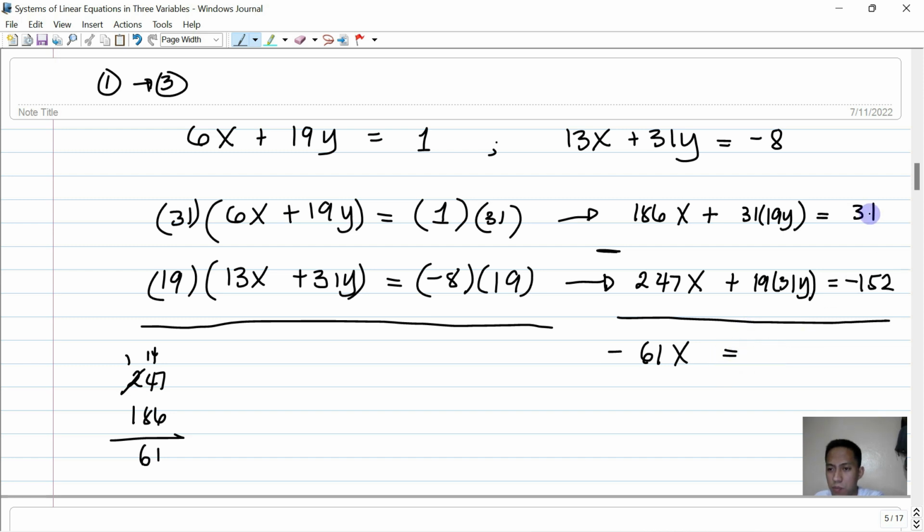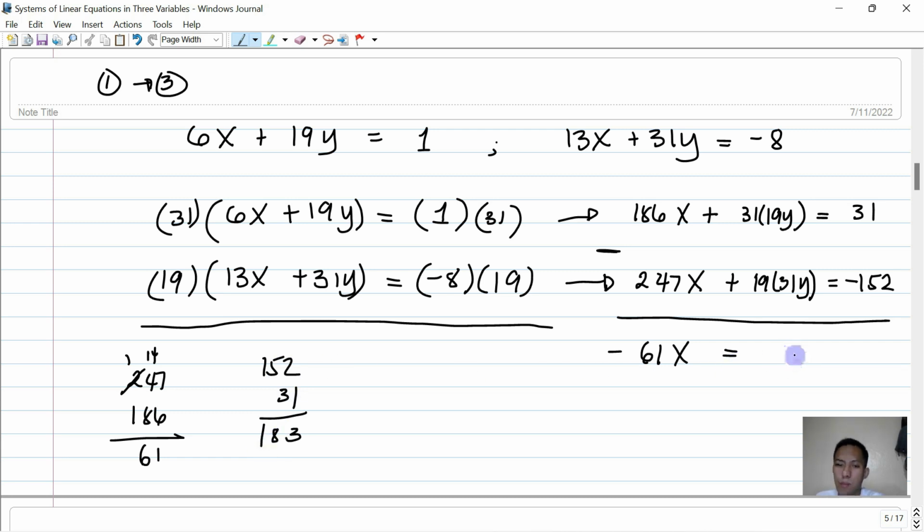So equals 31 minus negative 152. Magiging positive ito kasi negative times negative. So we have 152 plus 31. So this is 2 plus 1, 3. 5 plus 3, 8. So 183.